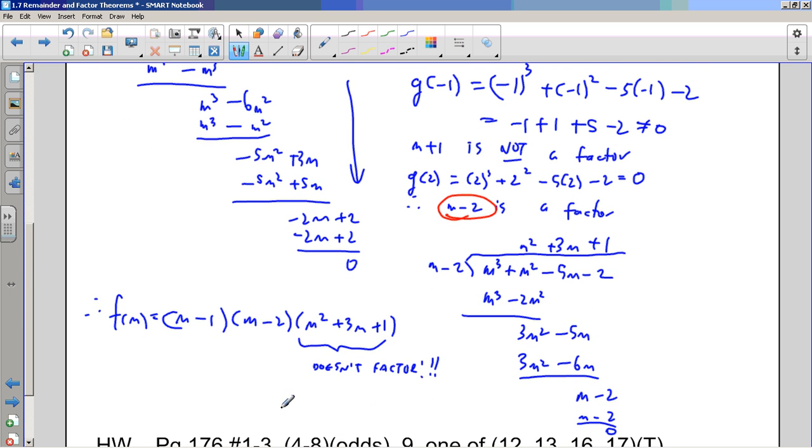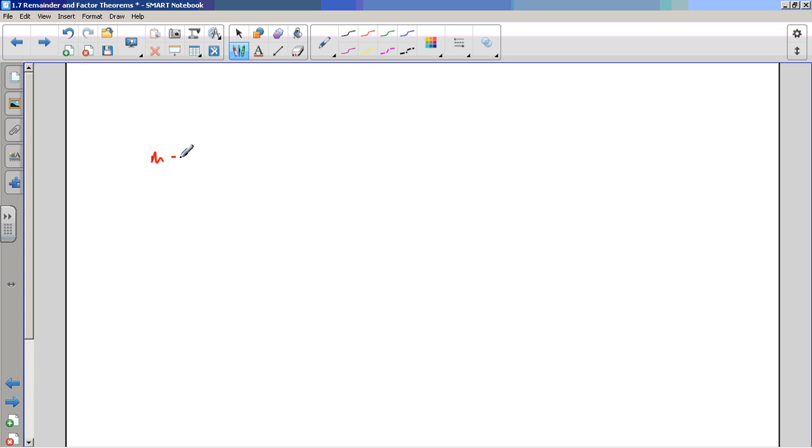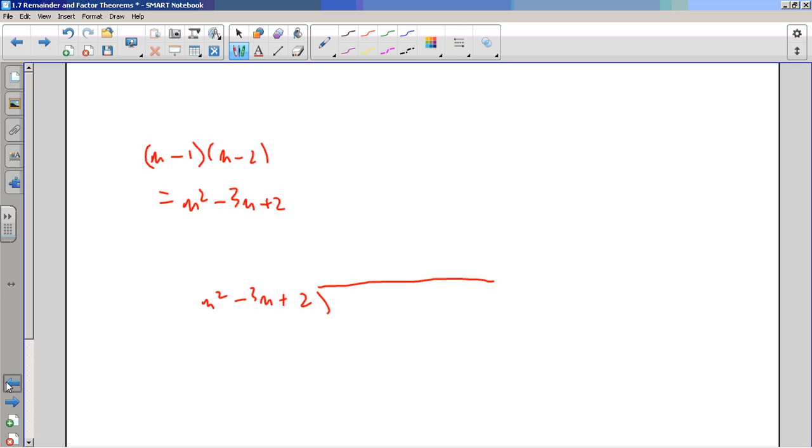I could have put them together, and then I would have had m -1 times m -2 is m squared minus 3m plus 2. And then I know that this goes into f at m, right? This divides into f at m. So I could have divided that into my original expression.